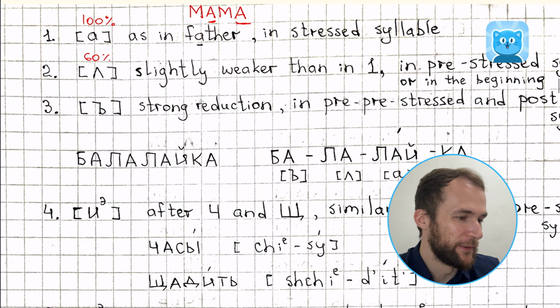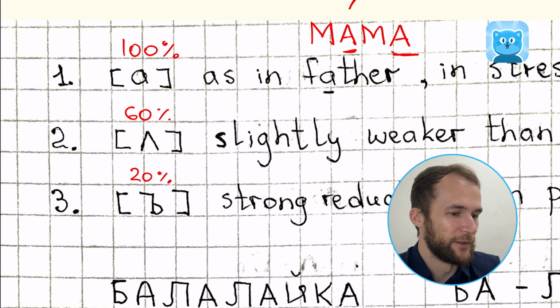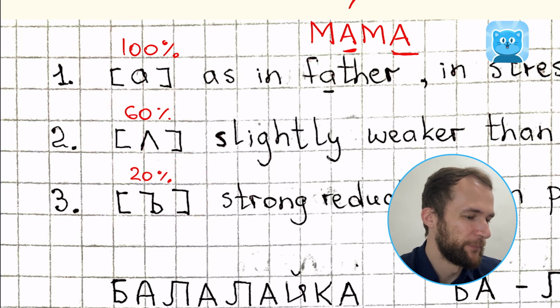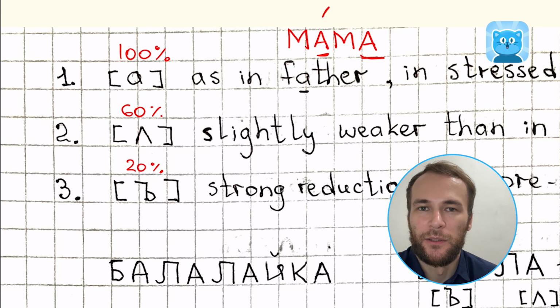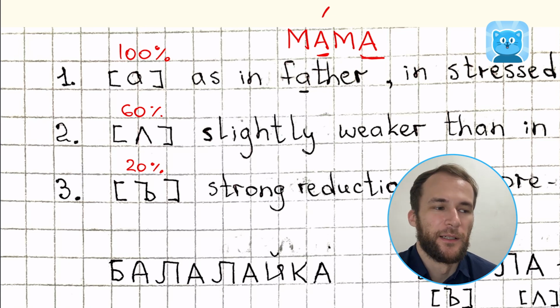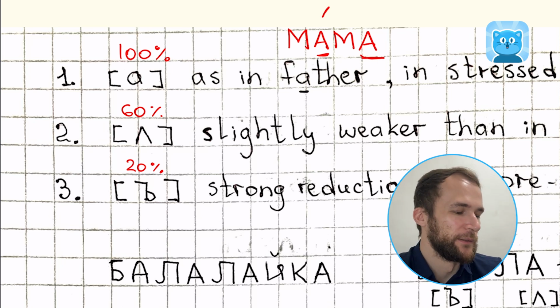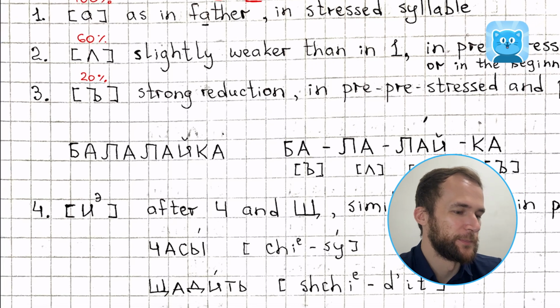And by the way, this is what it looks like when it's around, let's say, 20%, not 10, but 20%. This one is very strong. This is weaker, and this is the weakest. Super weak. So very strong, ah. Weaker, ah. And then very weak, right?